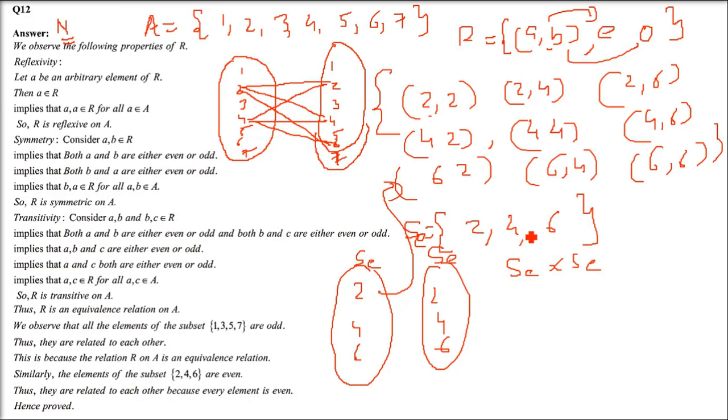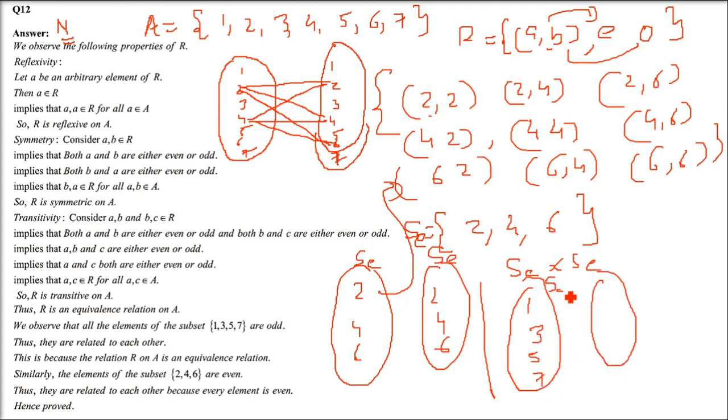In the same way, we can explain the odd one. The condition is that both values can be either even or both can be odd, so let us make the odd one also. I am taking just the odd ones, because the condition clearly says either even or odd.